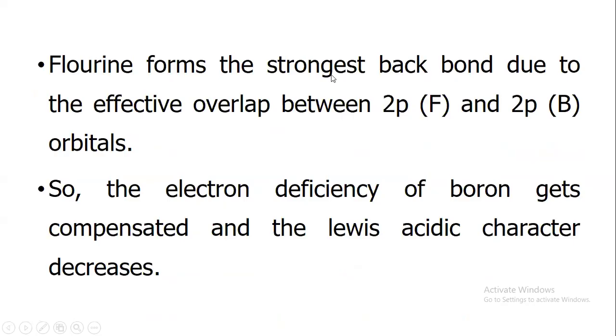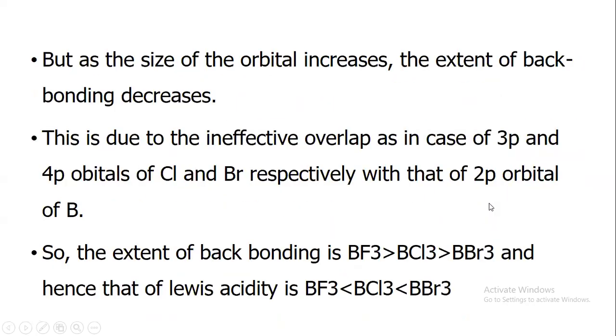Fluorine forms the strongest back bond due to effective overlap between 2p fluorine and 2p boron orbitals, so the electron deficiency of boron gets compensated and the Lewis acidic character decreases.